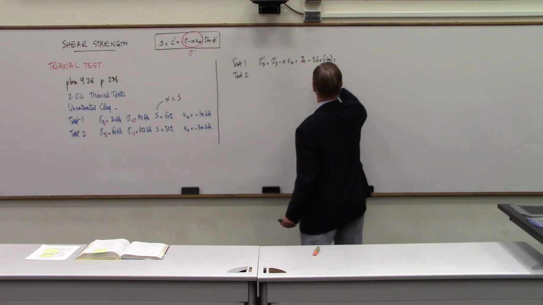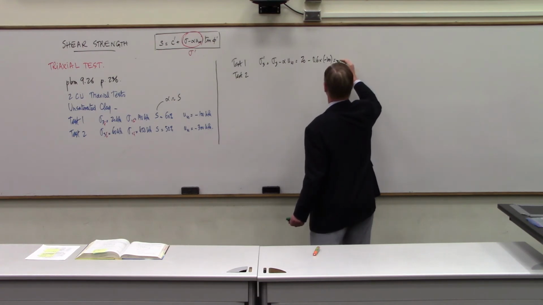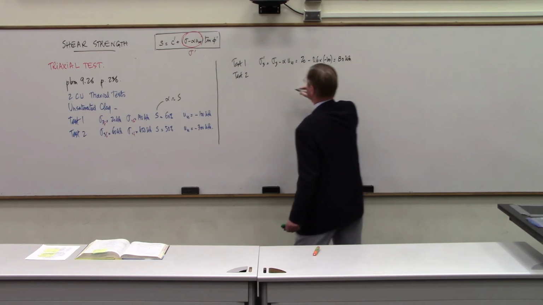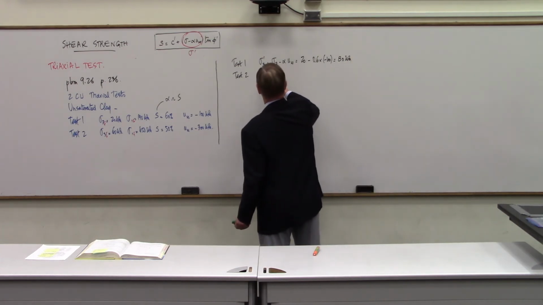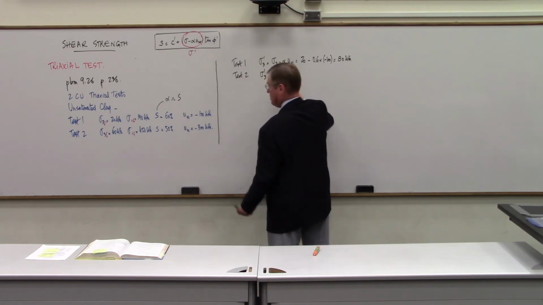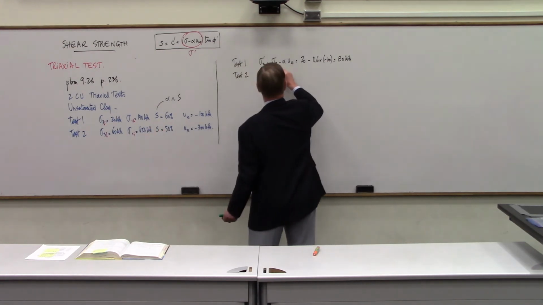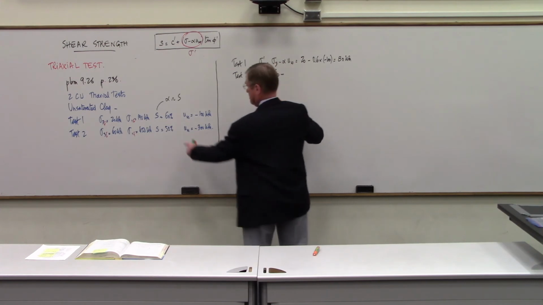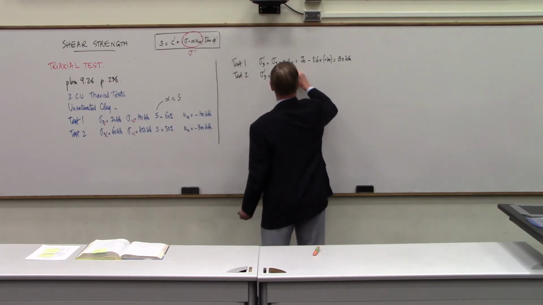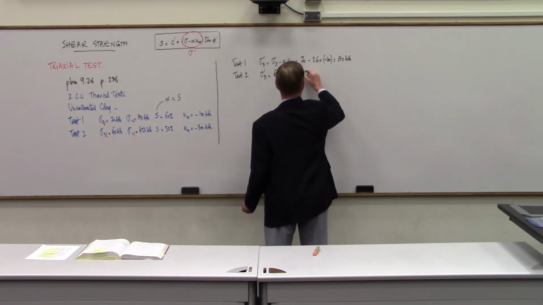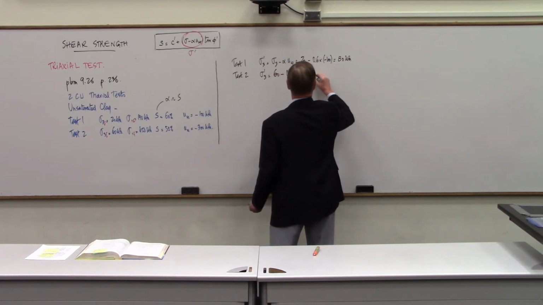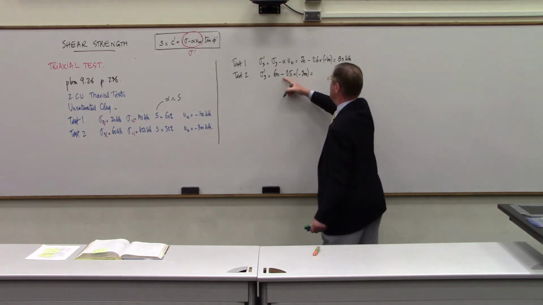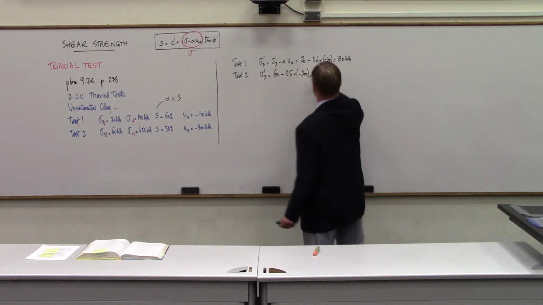Okay, so what is this? 180 kPa. Sigma prime 3 for the second case, same thing, 360 minus 0.5 times minus 300 equal, so minus minus, that's 150, 210.